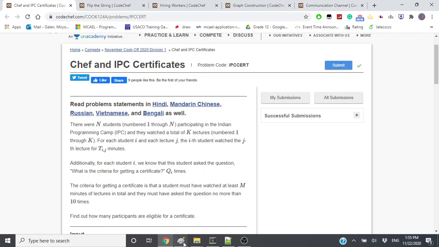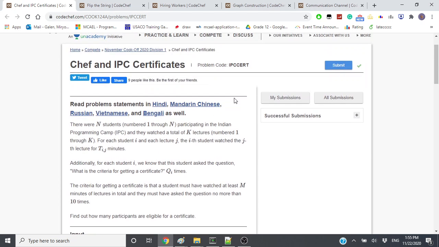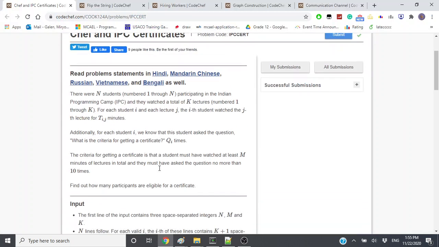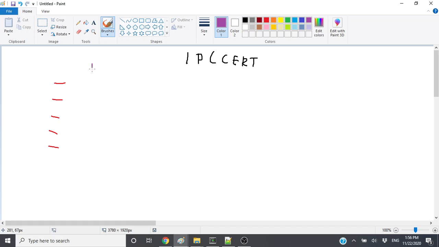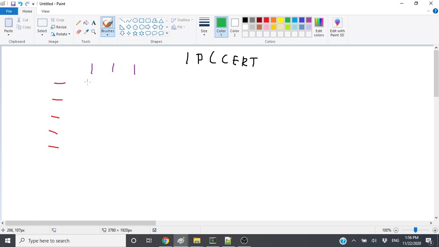Alright, so we have this thing. Essentially, there are a bunch of students. Let's list each student as a line. Oh, and this is IPCCERT. There are a bunch of students in a line. And there are also a bunch of lectures. So each student watched each lecture for a certain amount of time.